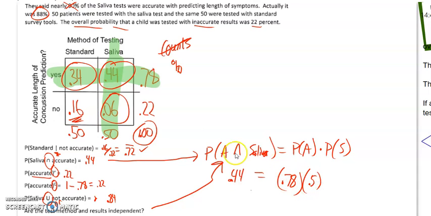A little quick calculation with my calculator, and I get 0.78 times 0.5, or half of 0.78 is 0.39. Silly me, I didn't need to do that with the calculator. All right, so they aren't. So they're not independent. There is some relationship here. And I think you can kind of see that the saliva test is a little bit better than the standard test.